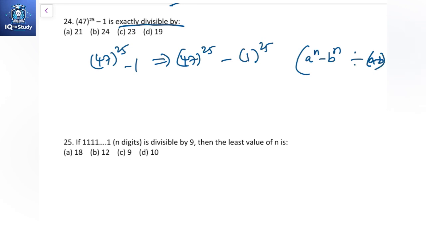So, 47 minus 1, that is equal to 46, which is equal to 2 into 23. So, option C is 23.